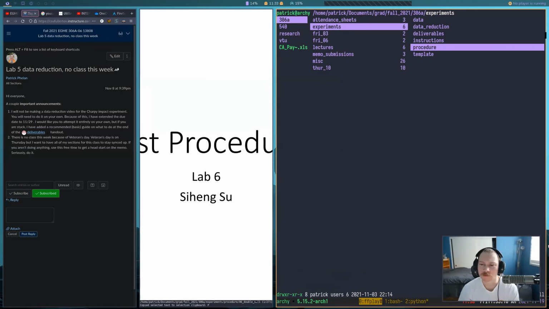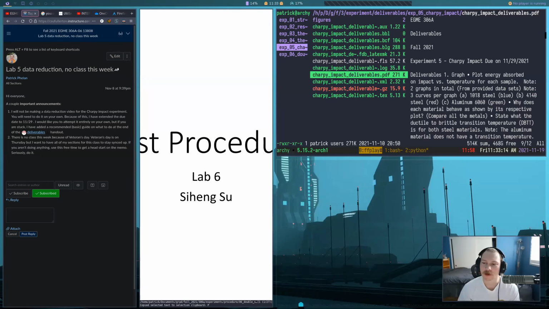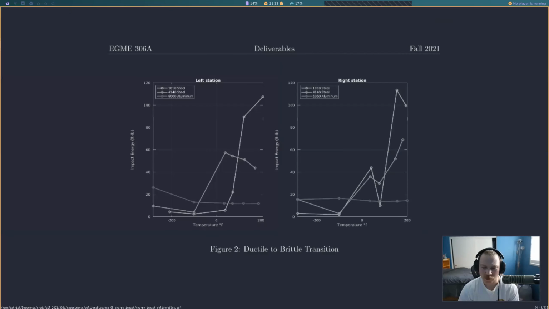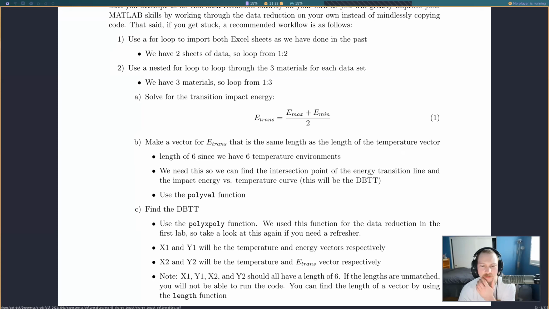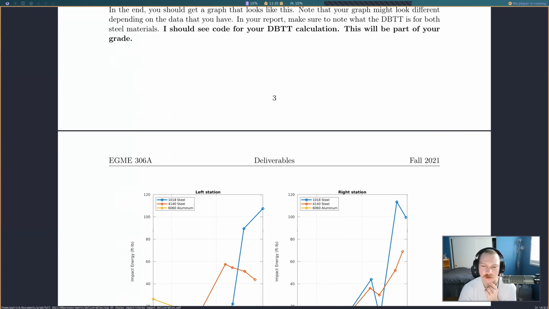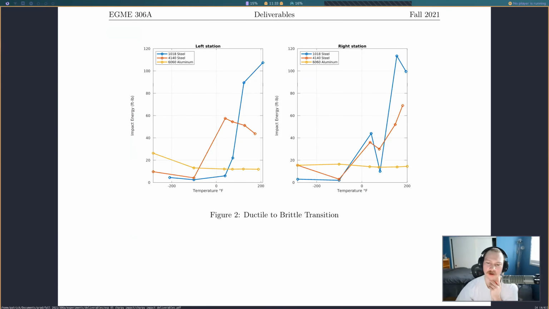Where am I going? Deliverables. Okay, so there's a recommended attack plan at the end of the deliverables handout. You could take a look at that, but again, I would recommend only looking at it if you can't figure out how to solve everything on your own.